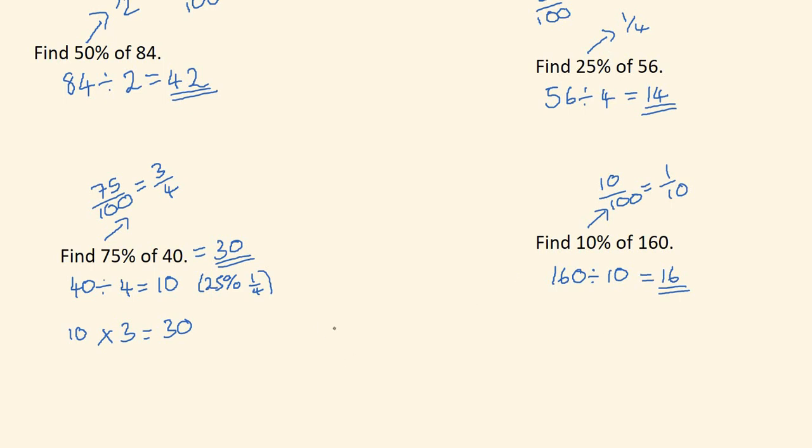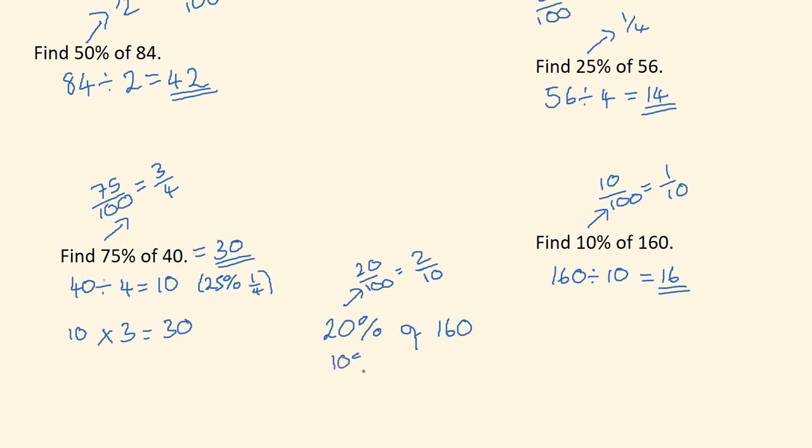If you then got something like 20%, so let's say we had to find 20% of 160, for example, well, if we recognise that as being very similar to the 10%, so it's 20 over 100 instead, that's going to be the same as 2/10. So you can do it like that by saying, okay, I know that 1/10, I can find 10% by dividing by 10.